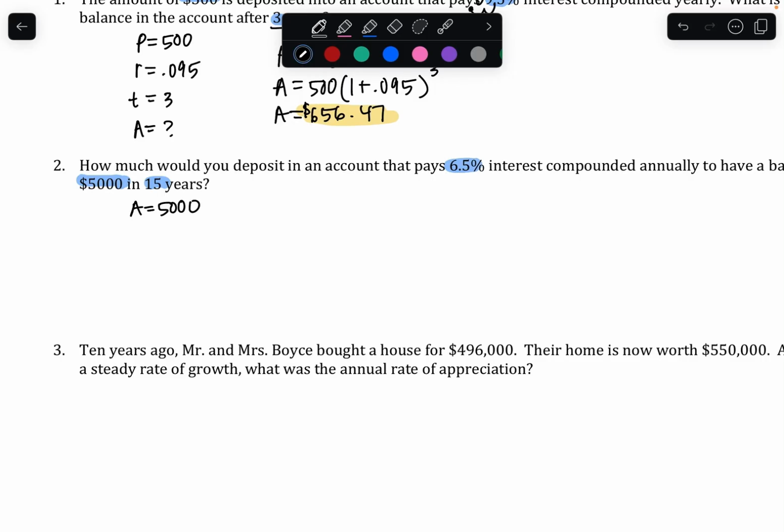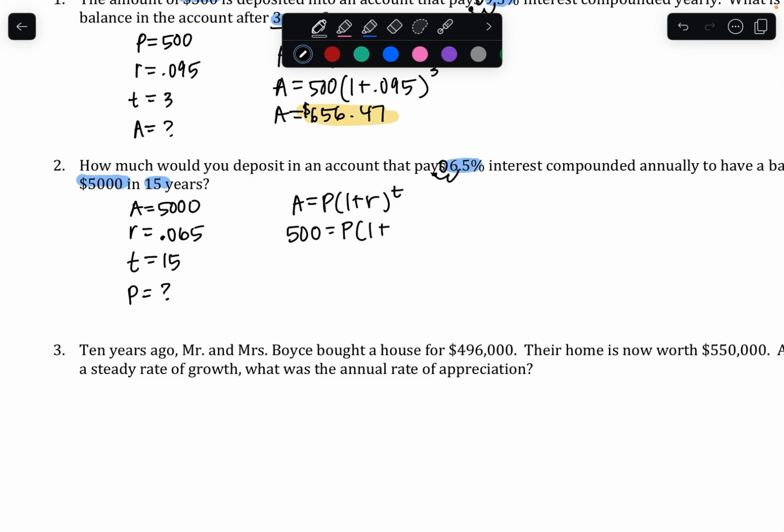That's our A, not P. And then R is 0.065. And then T is 15 years. So when we set this up, getting our formula, A equals P times (1 plus R) to the T power. And so we know A is 5,000. We don't know P. That's what we're looking for.